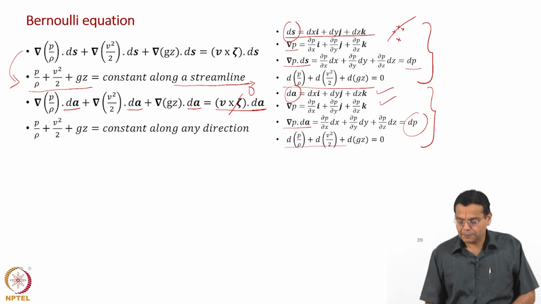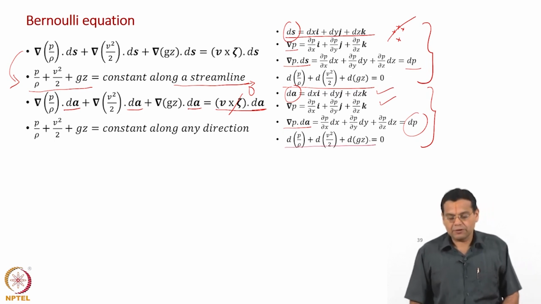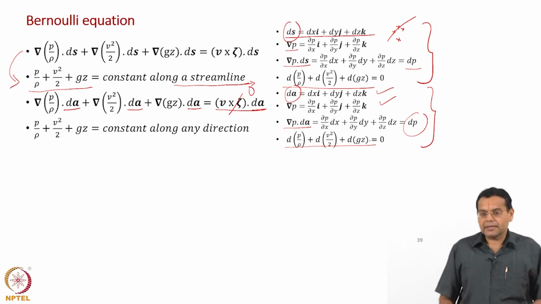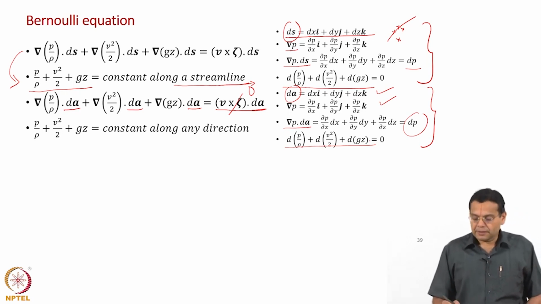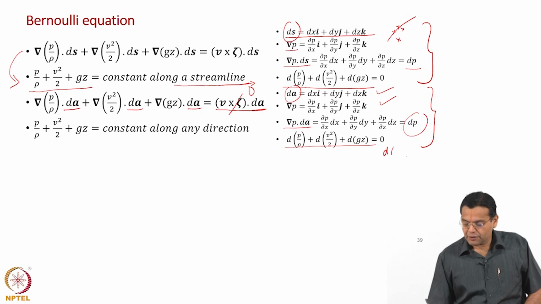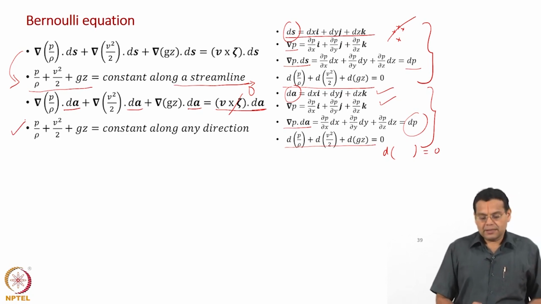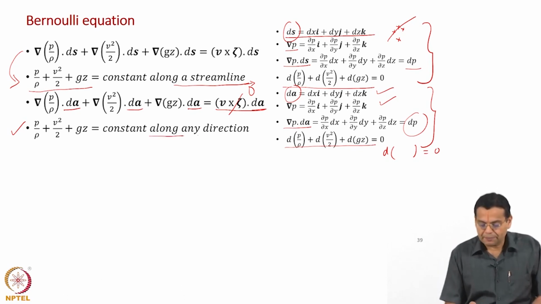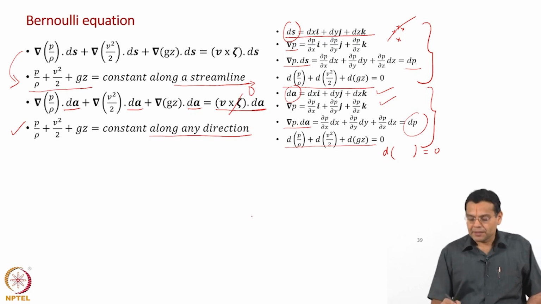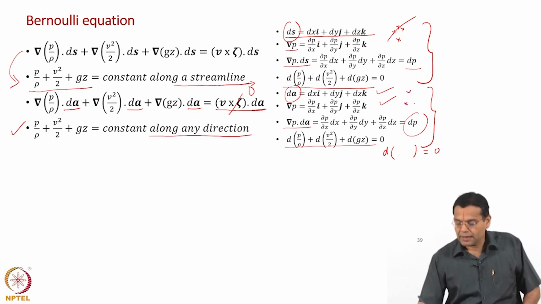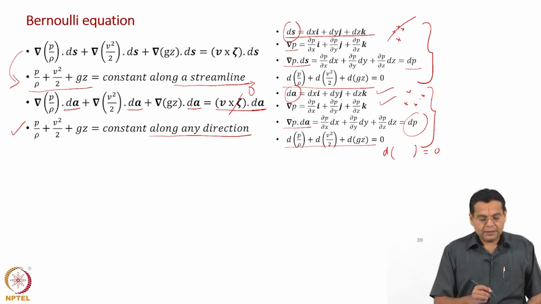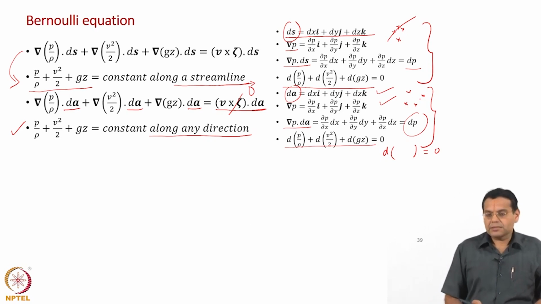So, once again you can express in terms of differentials of all the three energies, and the differential of the sum of the energies is equal to 0, which means that the sum of the three energies, pressure, kinetic and potential energy per unit mass is a constant, but now along any direction, the A vector can be along any direction, and this sum is a constant along any direction.